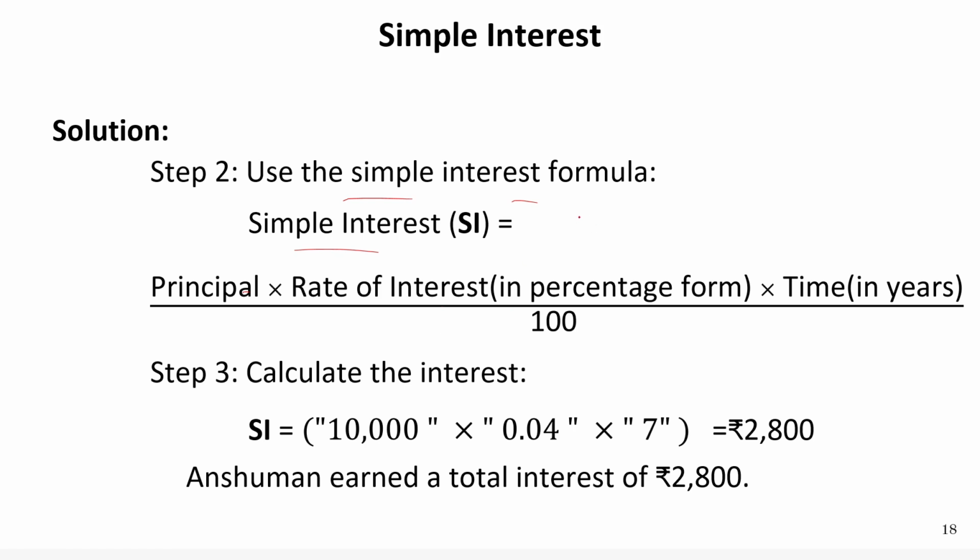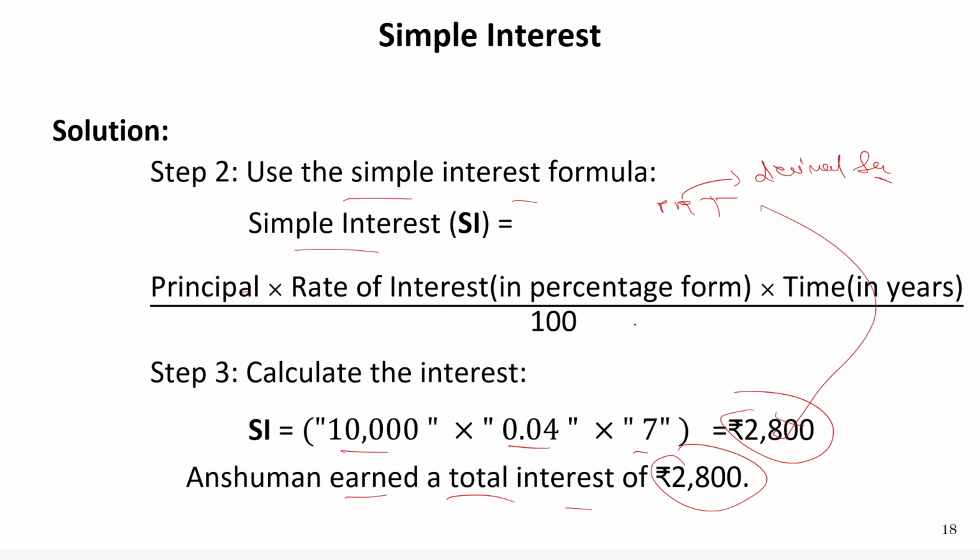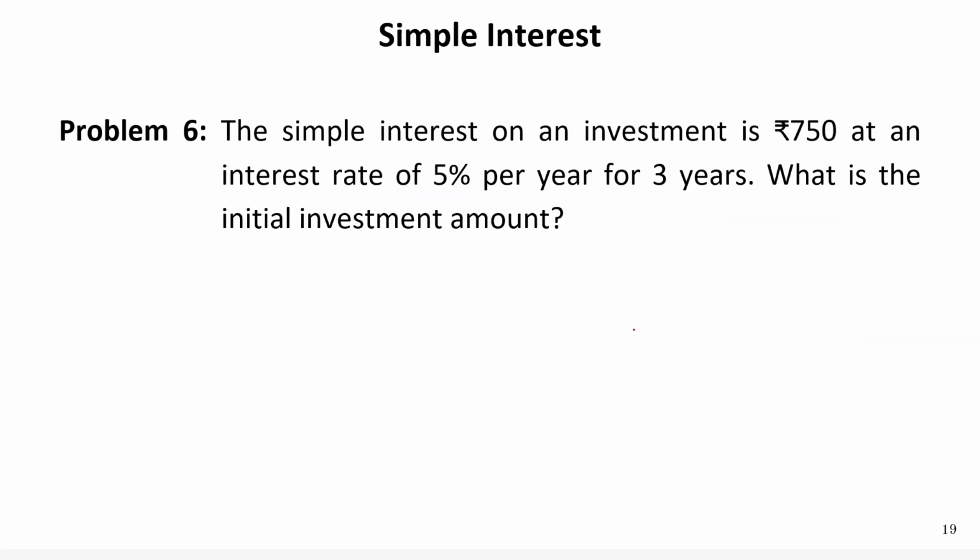But SI is equal to PRT when R is in decimal form. So SI is equal to what? 10,000 into 0.04 into 7, that is equal to 2800. So Ansuman earned a total interest of 2800. We can also arrive at this solution via this method.